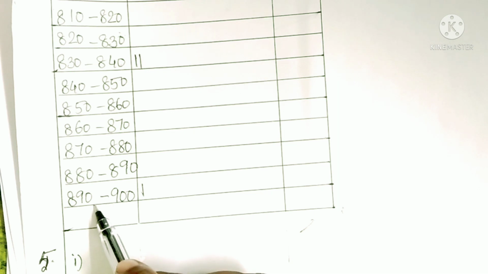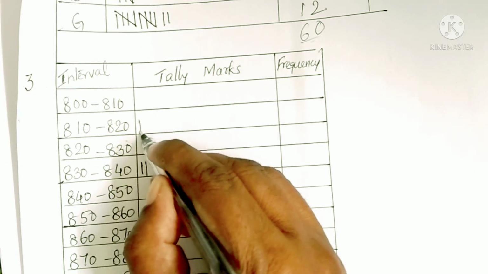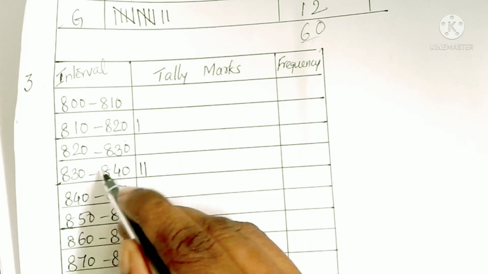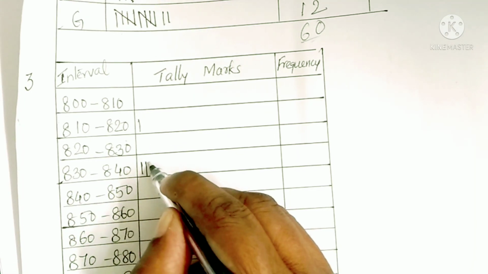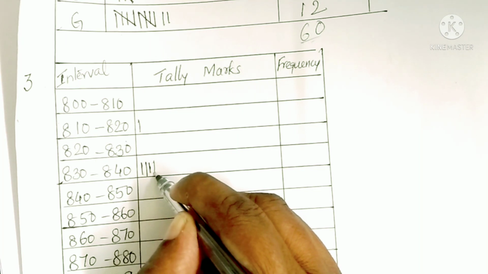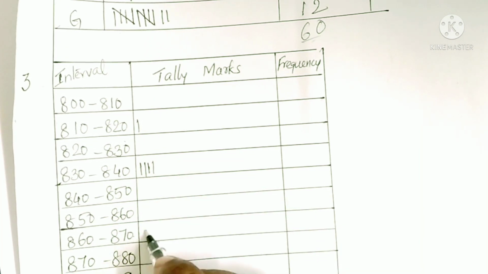This is called the exclusive one. 890, then 810. 810 will be here. Then 835. 830, 835. Then 836. Then 869, 869.